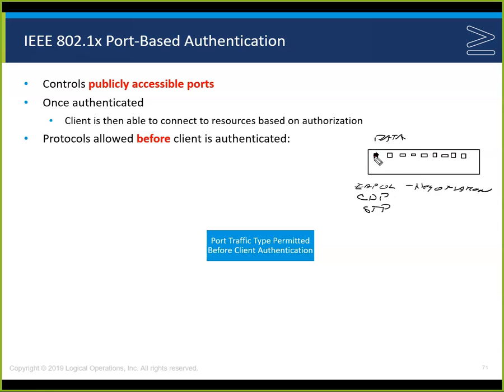The other thing that doesn't show up on the list that I'm about to open up is that we can also do phone calls. The data VLAN can carry the Extensible Authentication Protocol over LAN, CDP, and STP. On the voice VLAN, phone calls and voice traffic can cross before we get authenticated.